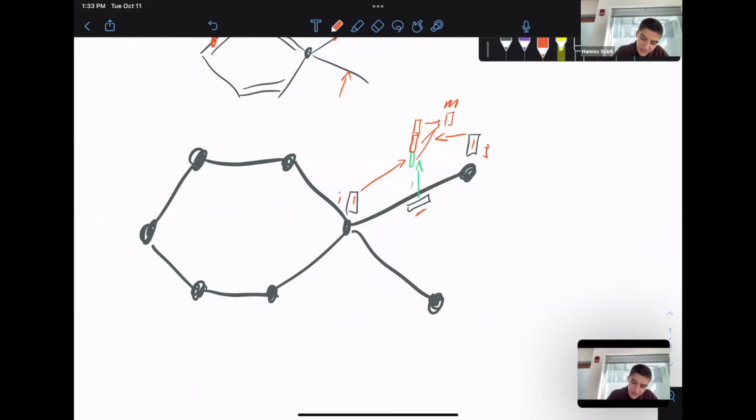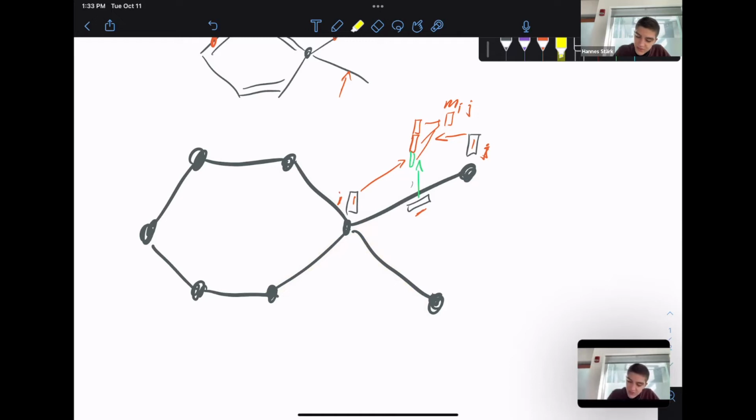Let's call that MIJ, the message between node I and node J. So we create these messages, but we don't only do that for this edge right here. We also do that for this edge, this edge, this edge. So, for every edge.